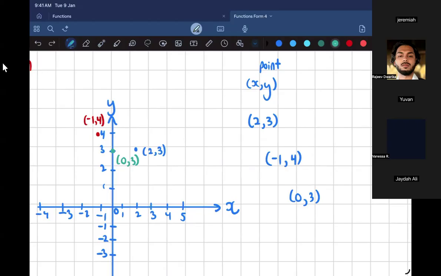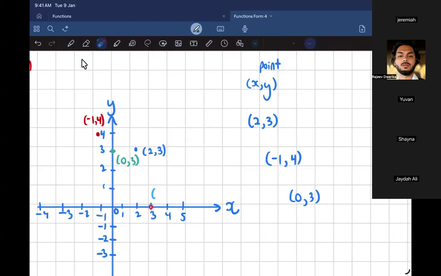Okay, I want somebody to read off this point for me. Shayna, what would that point be? So the horizontal movement first. Tell me the X first, then the Y. What was the horizontal movement there?